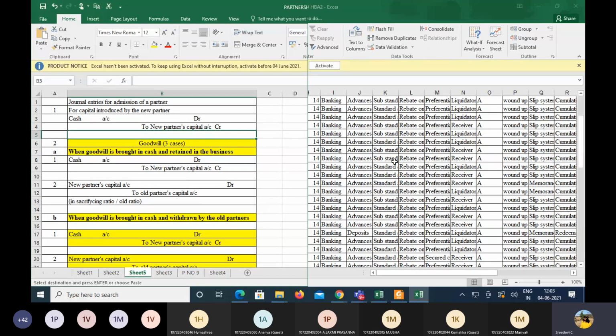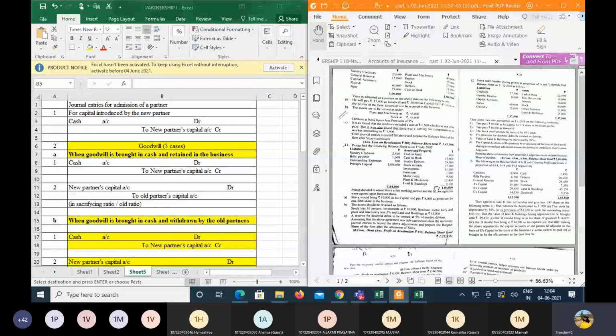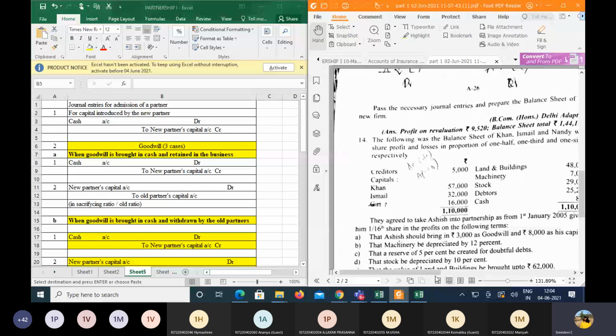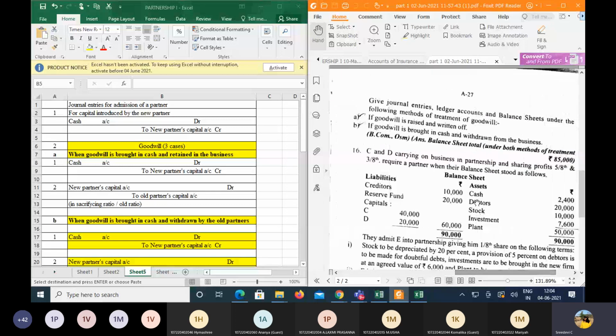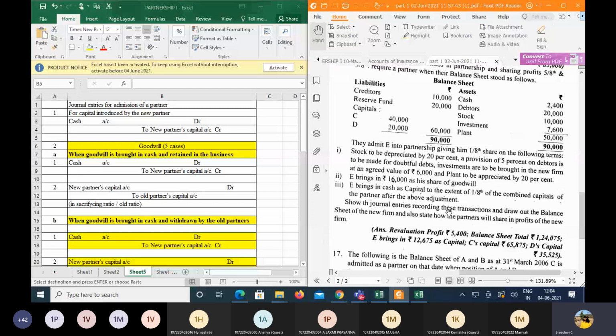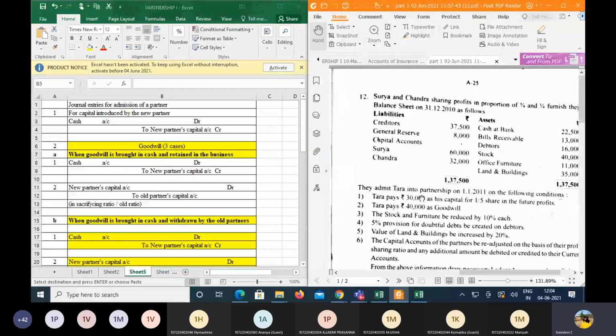Is it fine, children? I'm going to make the journal entries, but before I do that, let us go with the calculation of the new profit sharing ratio. Has anyone done the new profit sharing ratio calculation?